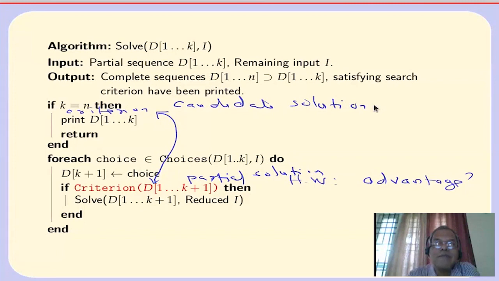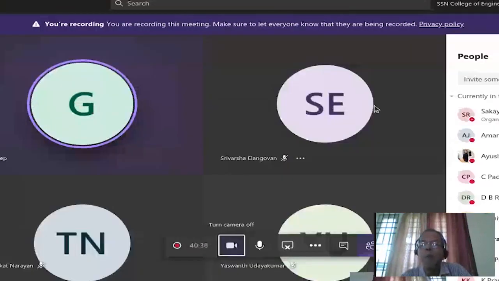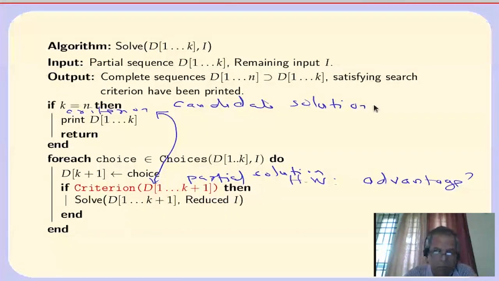So in the queens problem, if the first element is 1, and we fill the second element with 1 as well, it will be rejected immediately if we check the criterion inside the for loop. But when we go for the candidate solution, the rest need to be filled for it to be a candidate solution, and then it will be rejected. So we are reducing a lot of unwanted population.